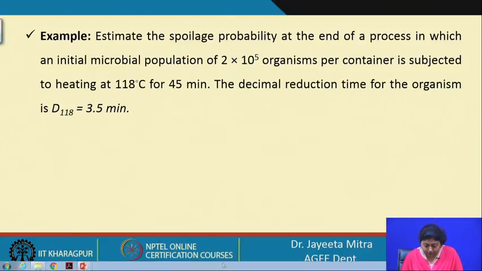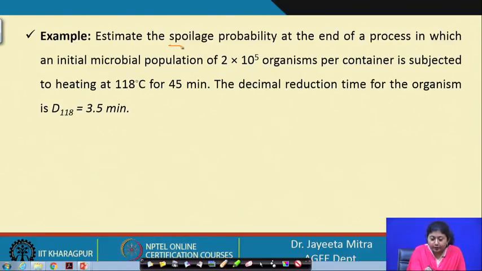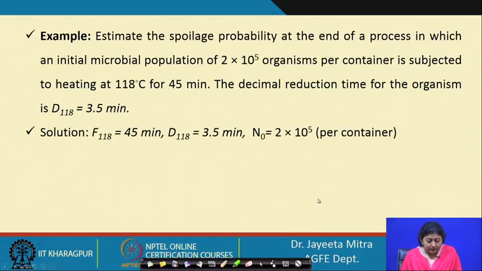So, we need to find the spoilage probability, that is 1 by R, and the initial population of 2 into 10 to the power 5 organisms per container, this is small n1. Okay. So, what we can do is, F118, that is the process time, is given as 45 minutes.